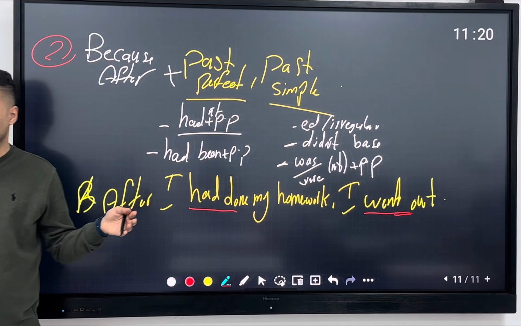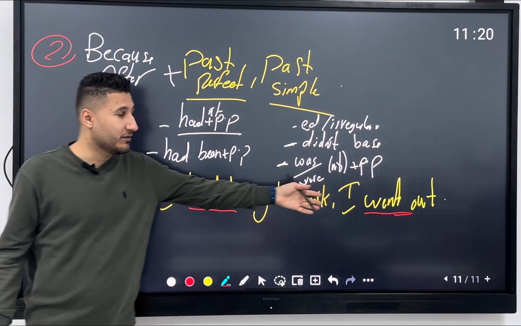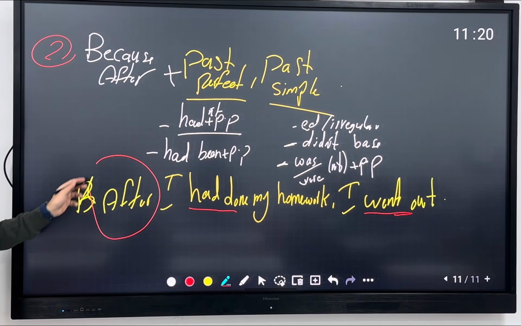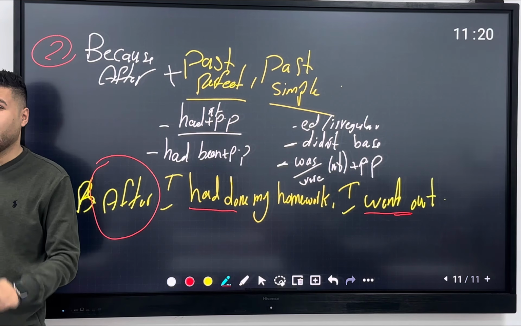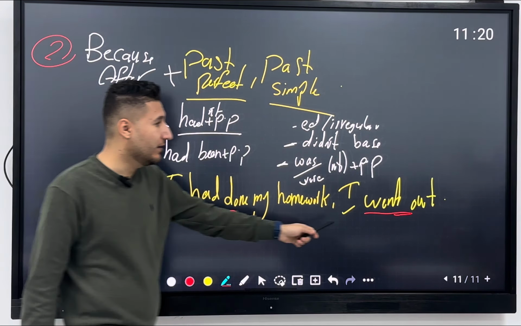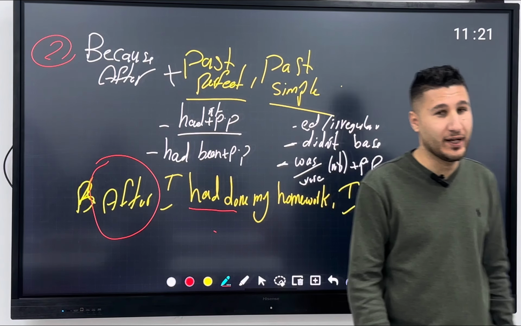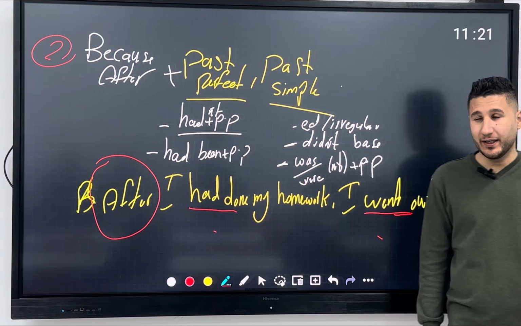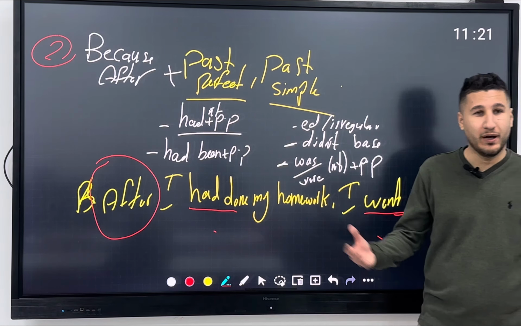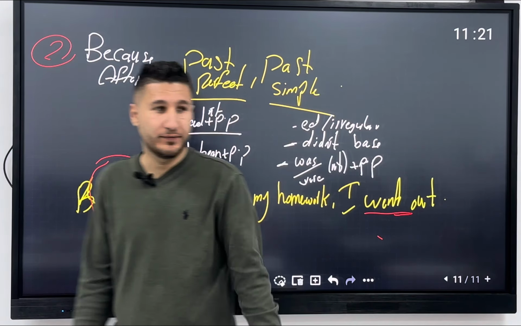Why do we have to choose past perfect, past simple? Because the conjunction is after, and after is in group 2. In group 2 we have past perfect, past simple. All right? Who can give me another example in which we can use past perfect plus past simple?